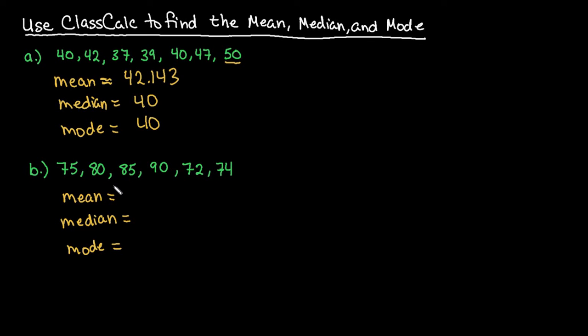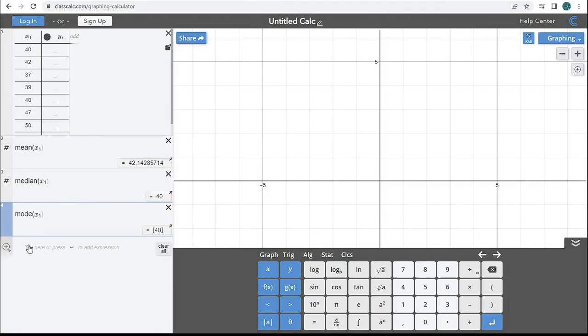Okay, for the second data set, I do not have it in Excel, so I want to show you guys a couple of options. One of the options, if I go back into the calculator, I could just type in the mean, and I personally don't do this unless you have to find just one thing, and I can type in 75, 85, 80, 85.